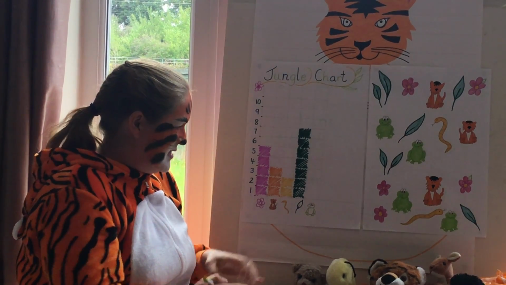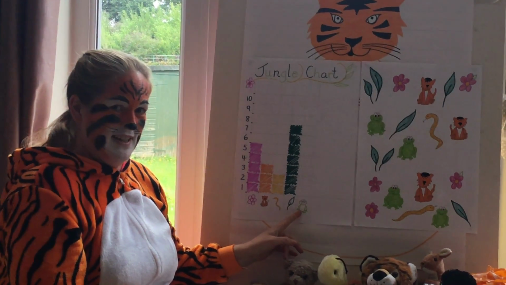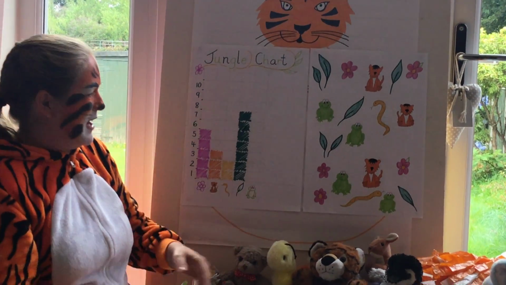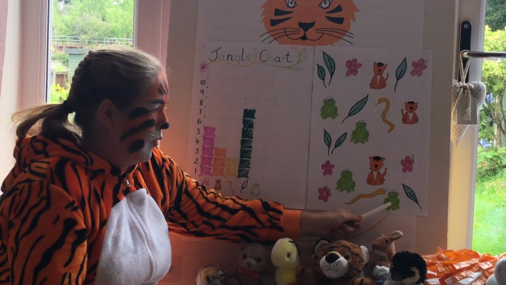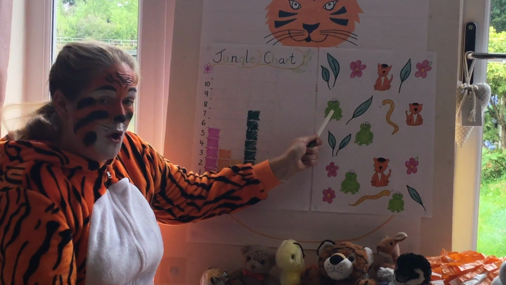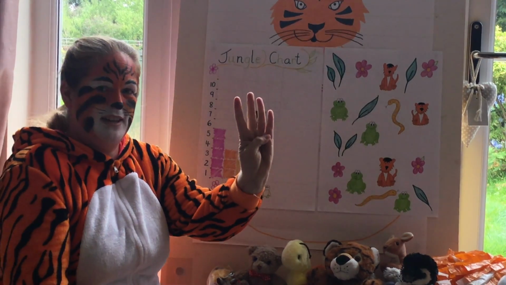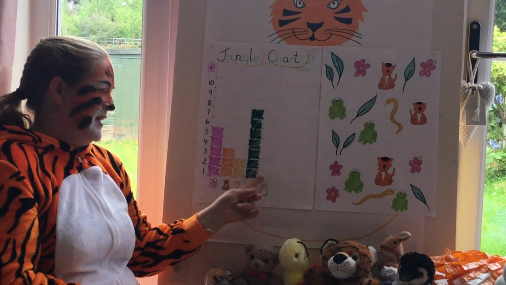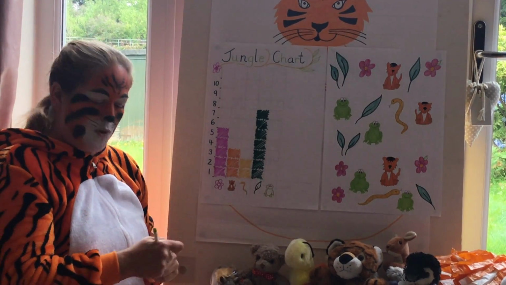Now, what's our last picture that we need to find? Ribbit, ribbit, our little frogs. Let's count our frogs. 1, 2, 3, 4. 4 frogs. We can do that on one hand, can't we? So 4 frogs, and I need to draw 4 squares.